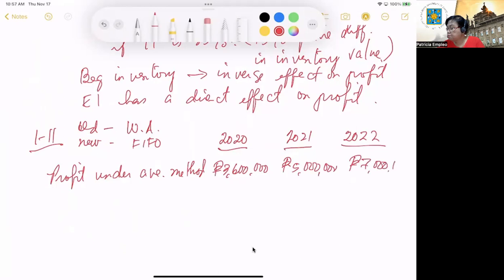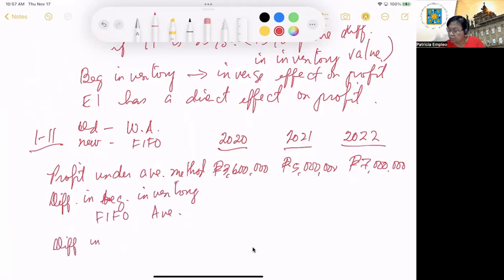So how would profit be affected if they would use the new costing procedure that is FIFO? Therefore, we will determine the difference in ending inventory. Beginning muna tayo. Difference in beginning inventory, that is FIFO as against the average costing. And we will determine the difference in ending inventory.